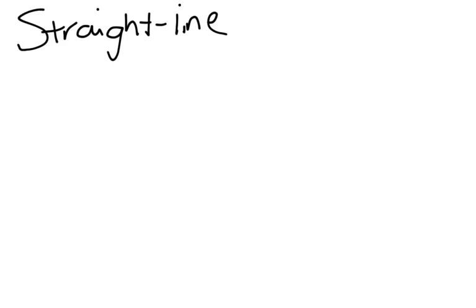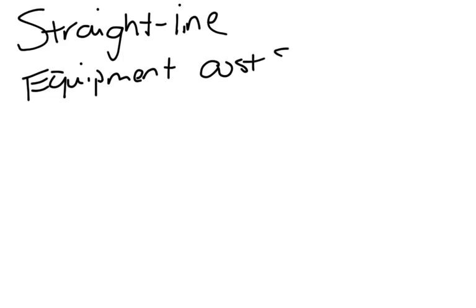So let's look at a few items that I need to know for depreciation. The first thing I need to know is, what is our cost? The asset cost that we're looking at. So let's assume that we're dealing with a piece of equipment, and that equipment had a cost of, let's say, $80,000.